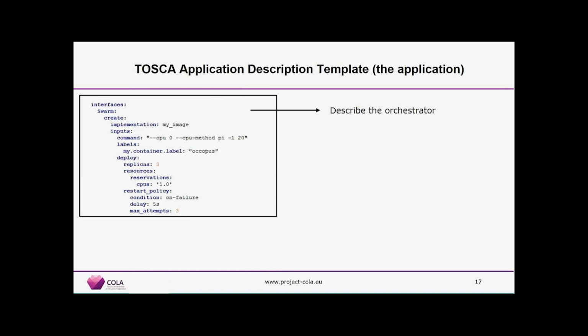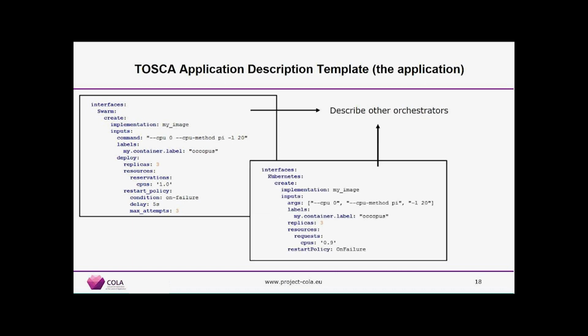Now, just as before, what happens if we want to use another orchestrator, say Kubernetes? Very, very simple. We change the keyword here from swarm to Kubernetes. Then we still have a create key. The implementation points now to my image, which is potentially just another image that I've created, but is still a Docker image.